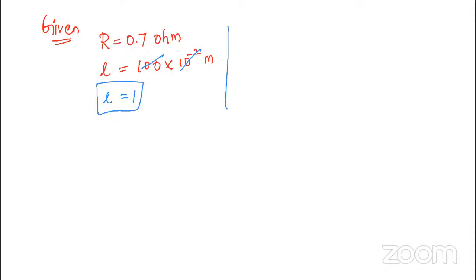Then what about A? They have given the radius, no? In the resistance formula, what will be there? Area will be there. So what is the formula for area? It is pi r square. Now they have not given r. Only D is given. So what is the value of D? D is equal to 2 millimeters they have given, right?